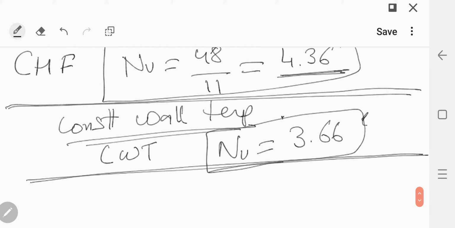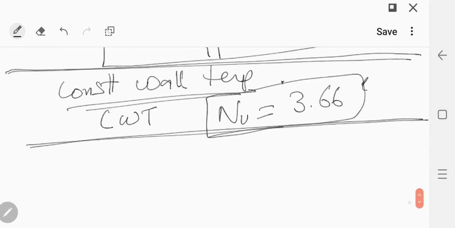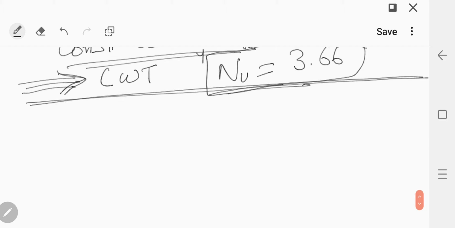Clear? Now you can try for constant wall temperature to determine the value of Nusselt number, that is 3.66. If anyone is interested, I can provide you the derivation of how to get this value of 3.66 for constant wall temperature. Clear? Now let's see some very important correlations available in literature.